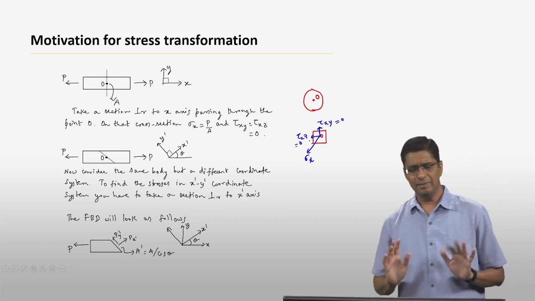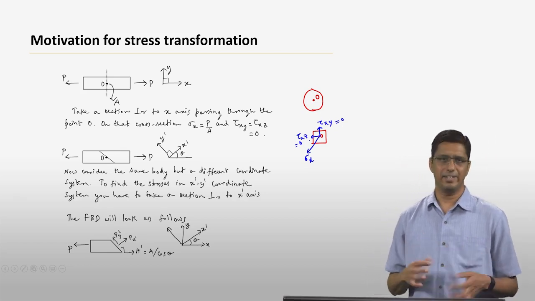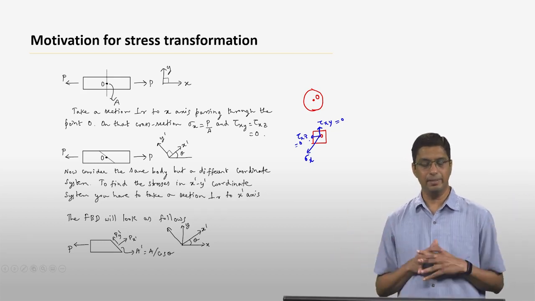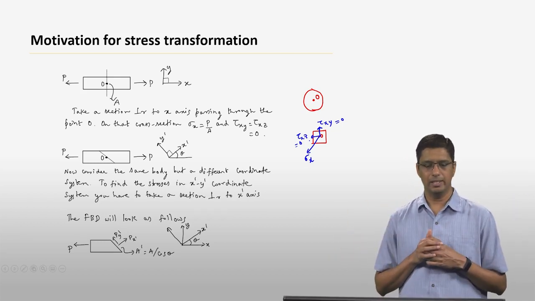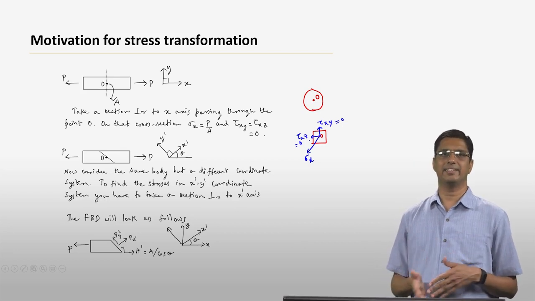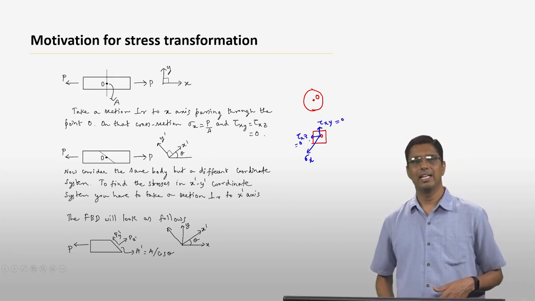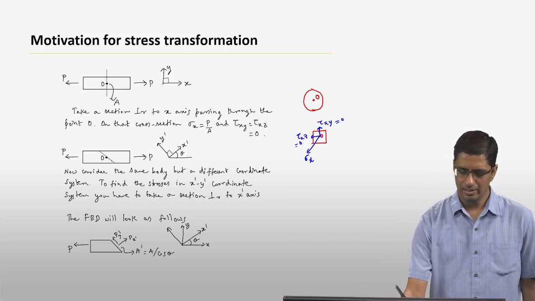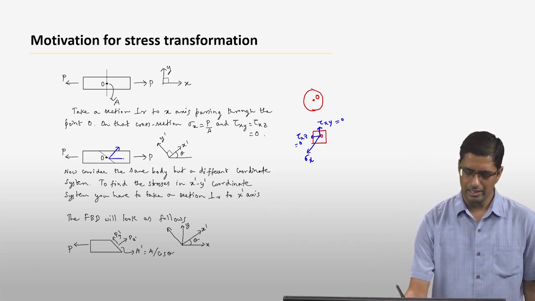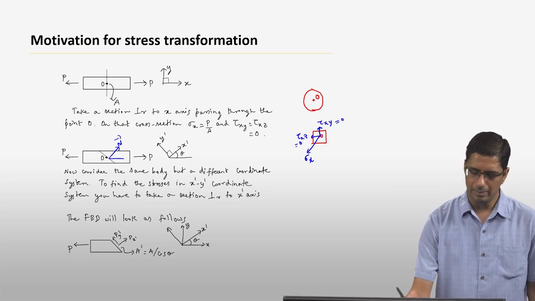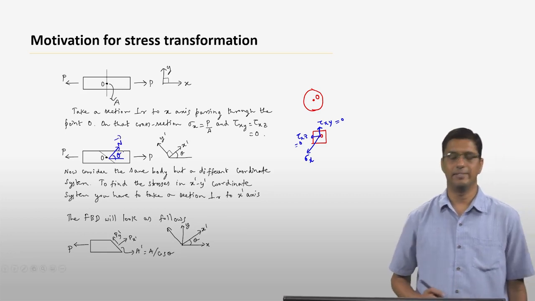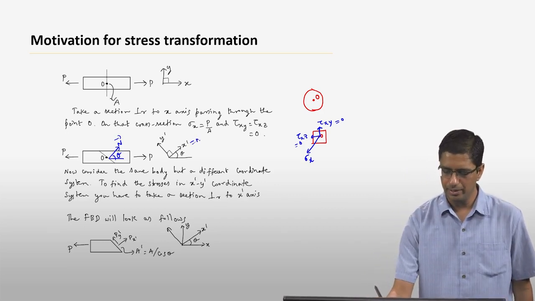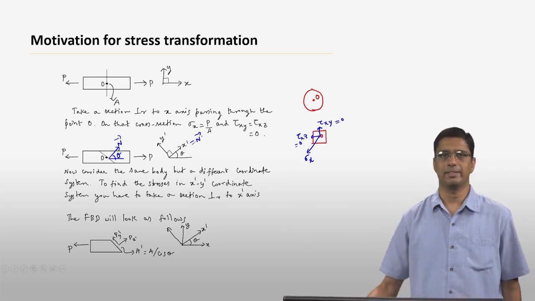Now imagine a different experiment. You're applying the same force P on the same bar. You're looking at the exact same point O, but now instead of taking a section that is perpendicular to the x-axis, let's say you take a section at some angle, so that the normal to that plane is at an angle theta with respect to the x-axis, and that corresponds to your x prime axis.